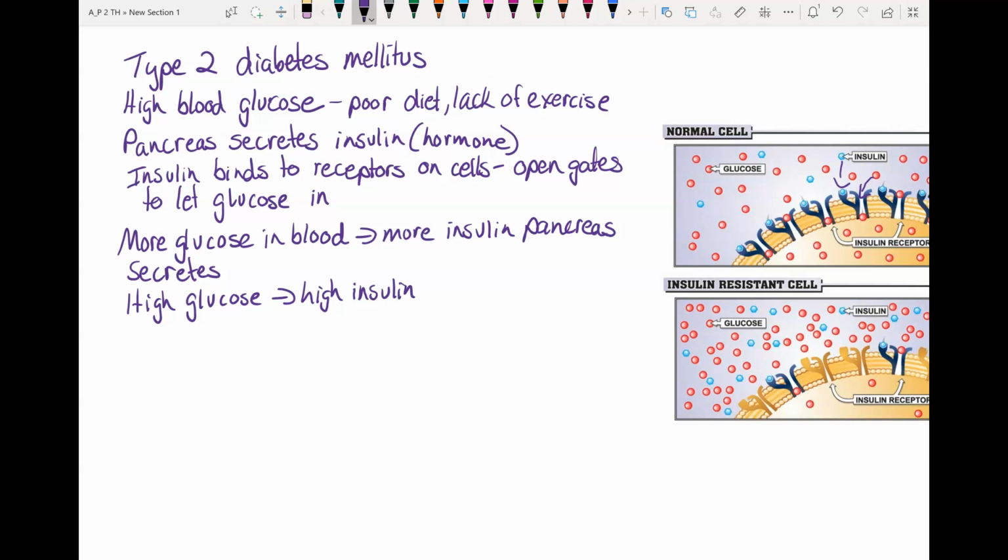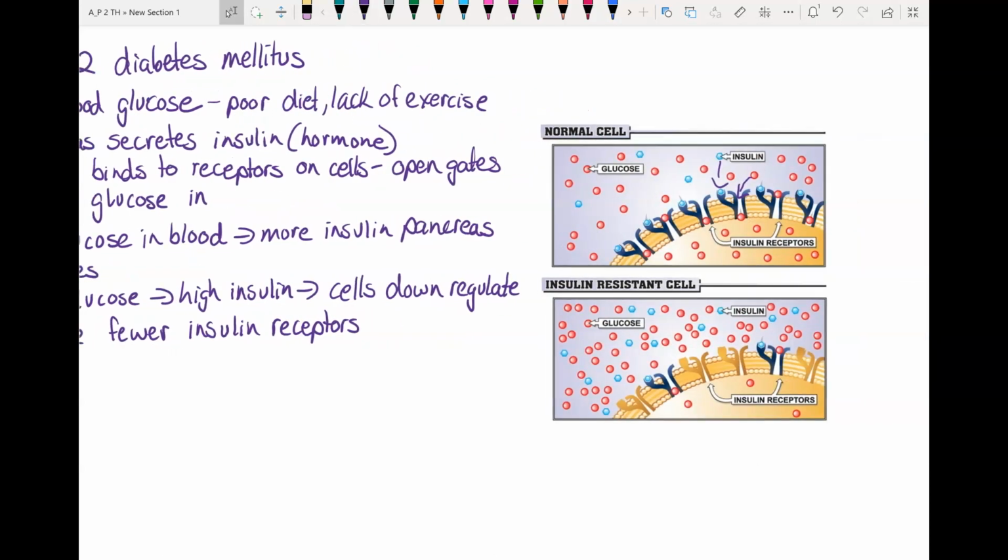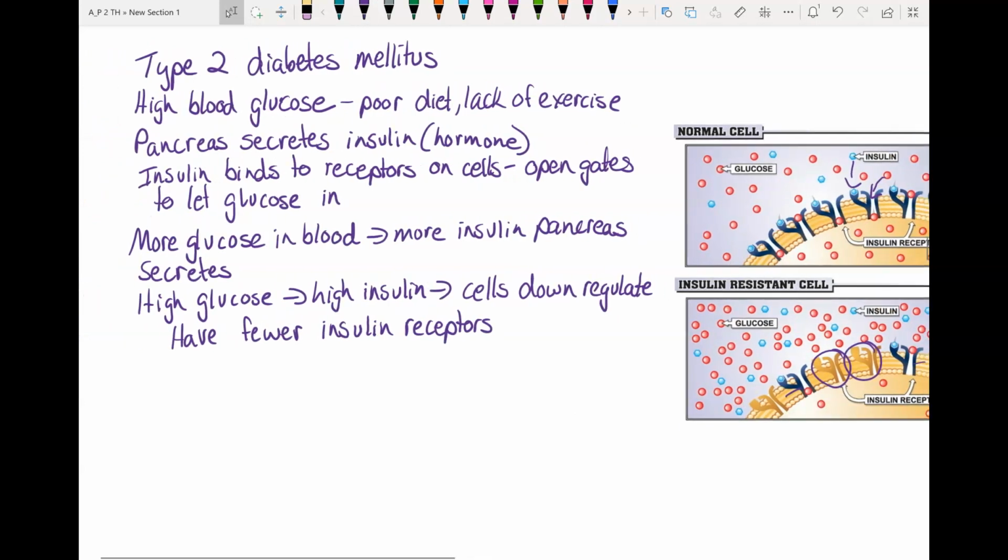And this high insulin makes your cells downregulate. So you will actually get fewer insulin receptors. So here in the bottom picture, you can see these insulin receptors are not functioning. You're down to only 2 functioning insulin receptors in the insulin-resistant cell with type 2 diabetes mellitus.